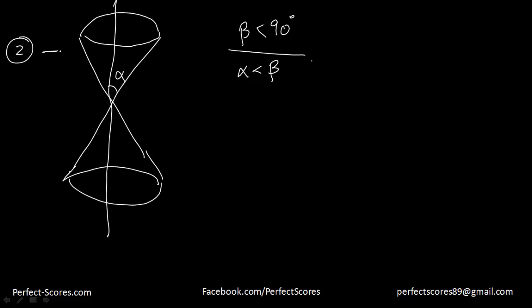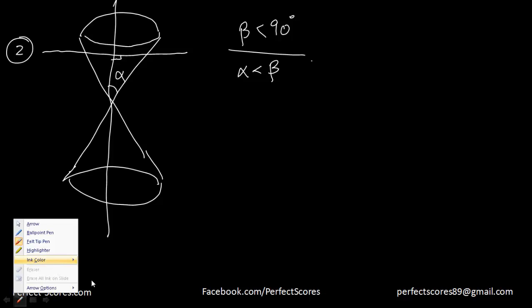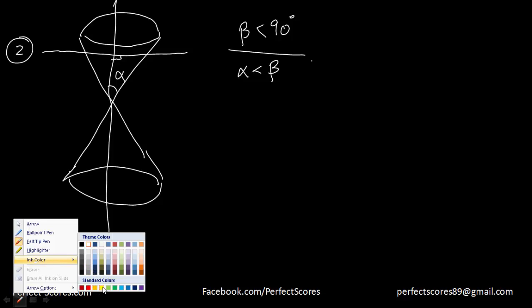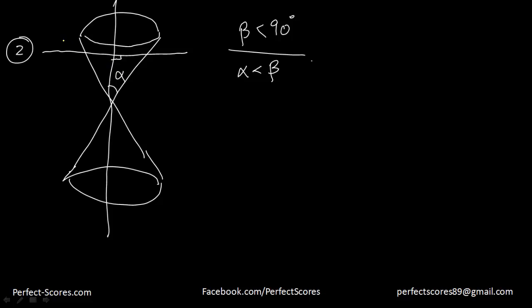Let's say this is exactly 90 degrees, and angle alpha is some sort of angle, and this is going to be the angle when I make a cut at angle alpha. Now the question says that my angle is supposed to be greater than alpha.